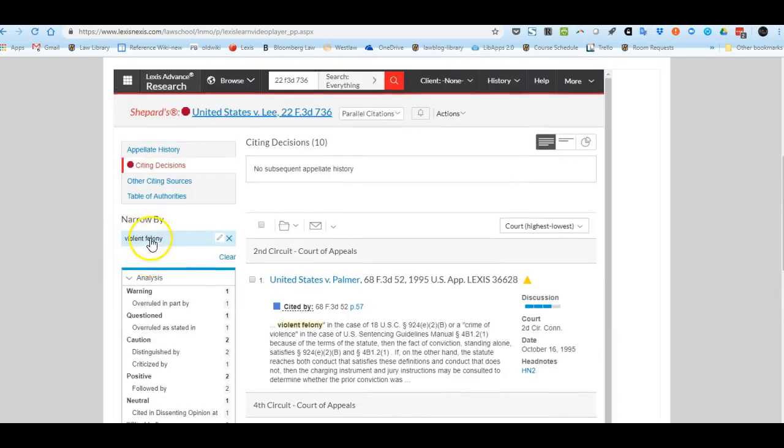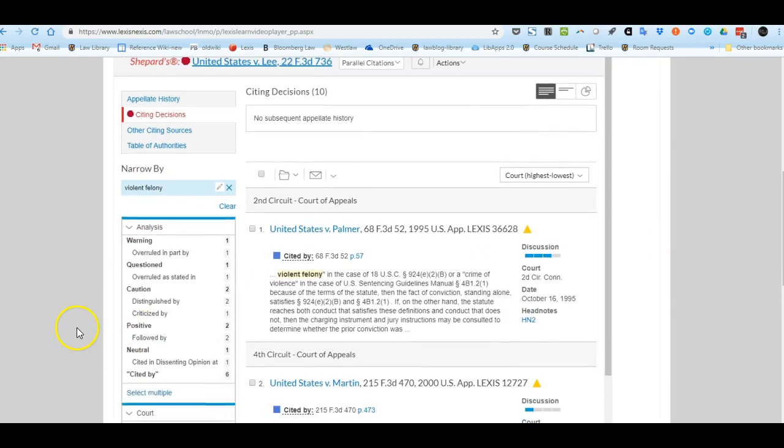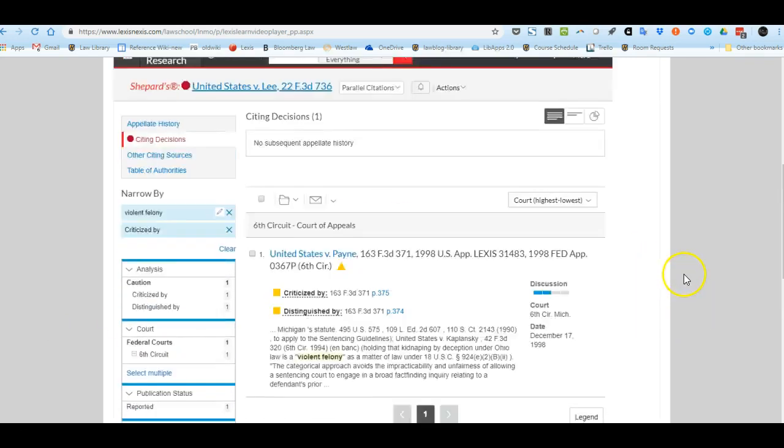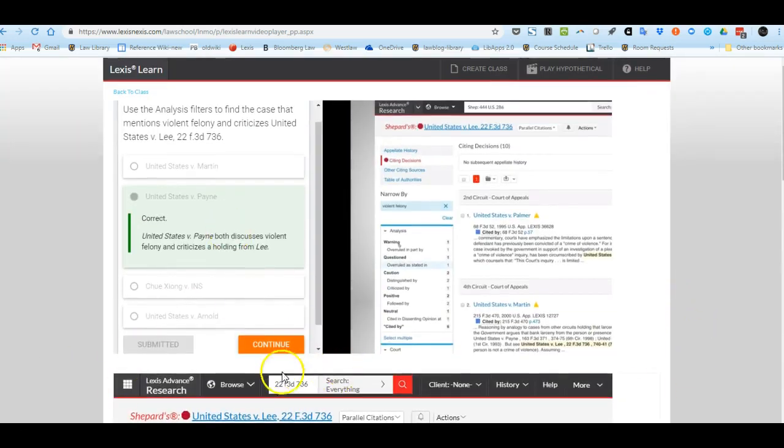On the left-hand side, click criticized by. Okay, so same idea. You search for the text of your holding, and then you search for the negative analyses, and here's U.S. v. Payne. Excellent. Ready to continue?